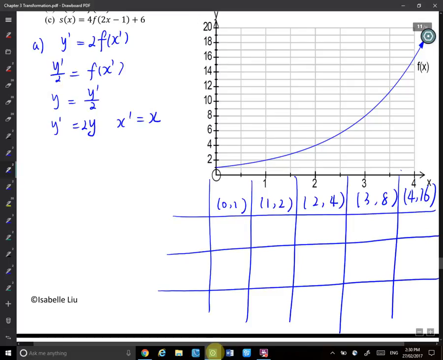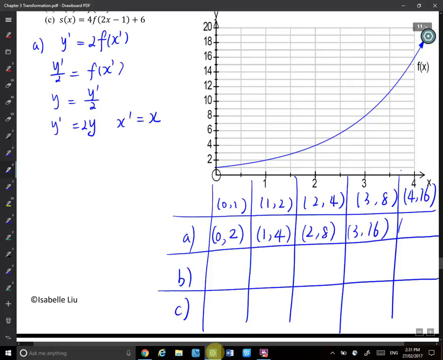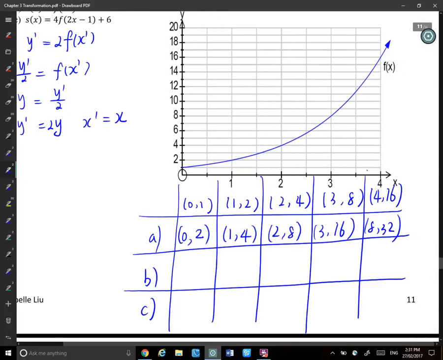Let's say that's A, that's B, that's C. So we have x remain the same. The y value will be multiplied by 2. Okay, that's the points I can find. x remains the same, but the y value is times by 2.